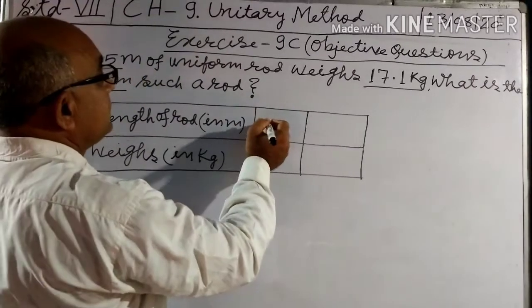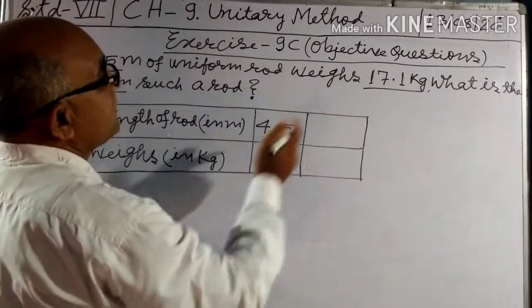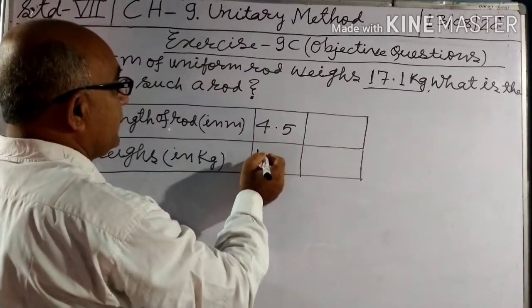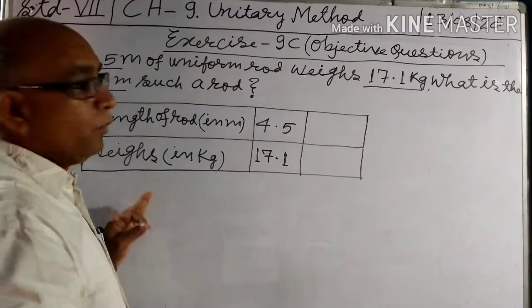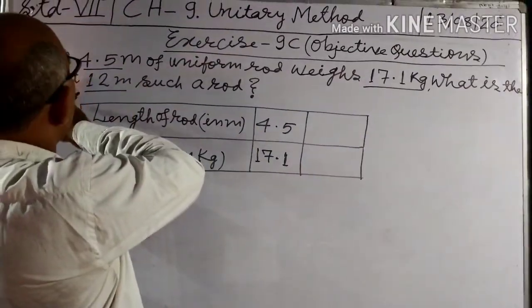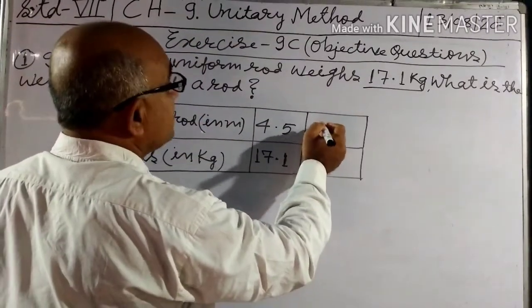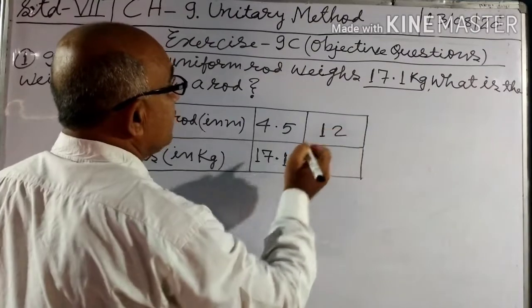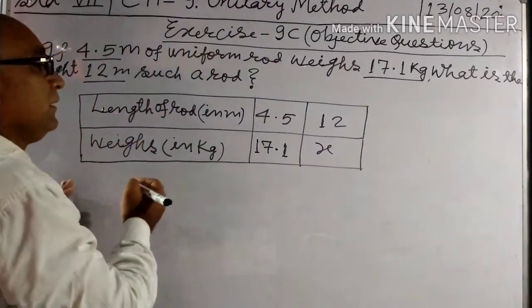The length is 4.5 meter, its weight 17.1 kg. What is the weight of 12 meter of such a rod? Length 12 meter, what is the weight? Let the required weight be x.